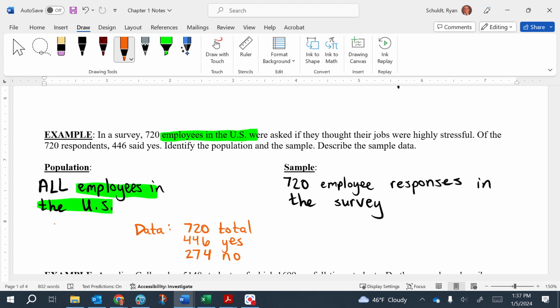Okay. We could even take it a step further. I can figure out the percent that said yes, their job is highly stressful. I could do 446 over 720, which would give us roughly, I'm going to use the approximate sign because it's not exact, 61.94%.